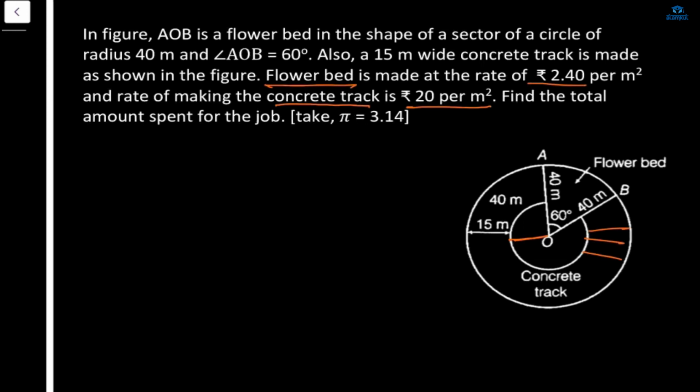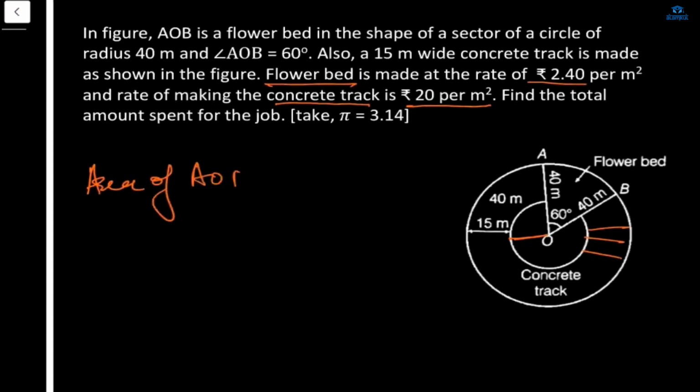Now since AOB is a sector, we are going to calculate the area of the sector, and then we can find out the area of AOB. So let's see. Area of AOB, as it is a sector, will be theta upon 360 degree into pi r square.